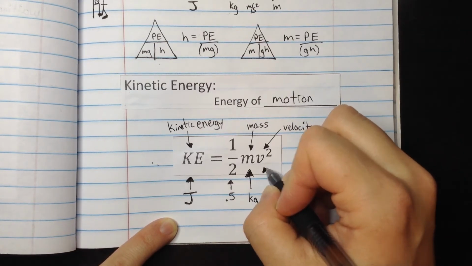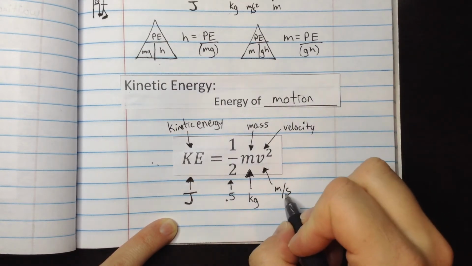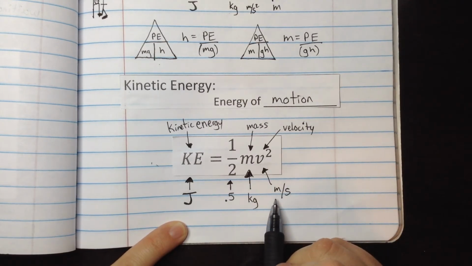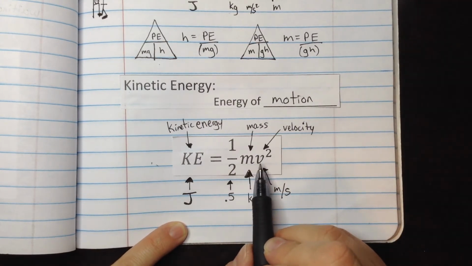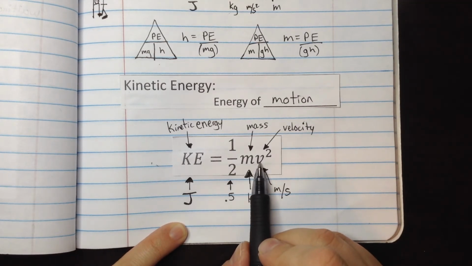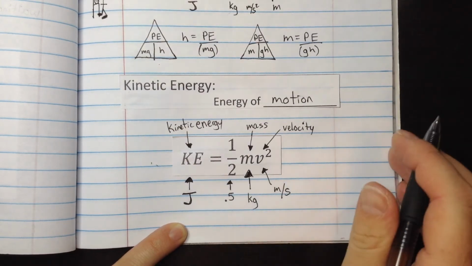And velocity, units of measure, meters per second. Now, a little note on this. Mass and velocity. Okay? How big it is and how fast it's going. Those are the two factors that determine how much kinetic energy it has.